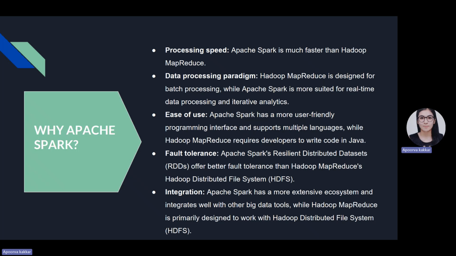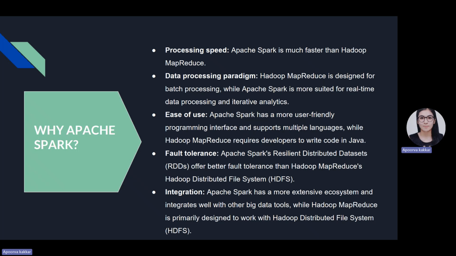Then the design of the Hadoop system is basically for batch processing, whereas Apache Spark is more suitable for real-time data processing and iterative analysis. Apache Spark possesses a user-friendly interface as it supports various languages, whereas, as I told before, Hadoop is only for developers who can write code in Java.